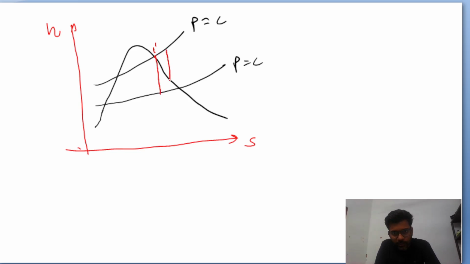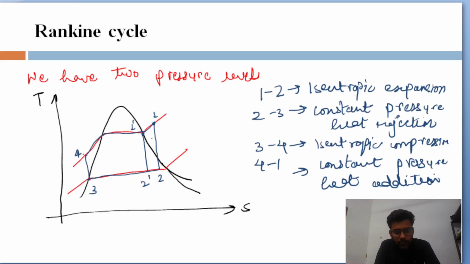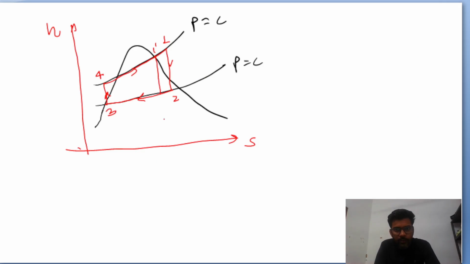If steam is superheated, then this point is 1. 1 to 2 is expansion, 2 to 3 is heat rejection, 3 to 4 is isentropic compression, and 4 to 1 is heat addition. So this is the Rankine cycle on the HS plane.